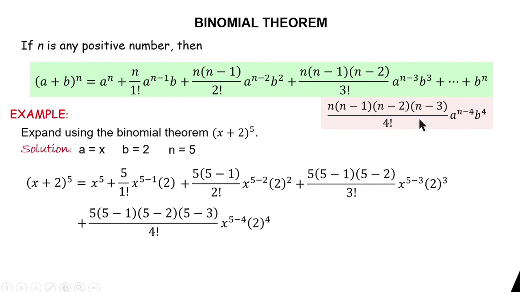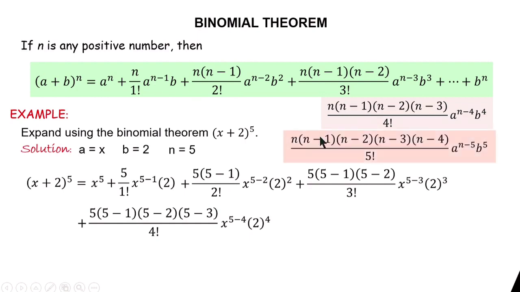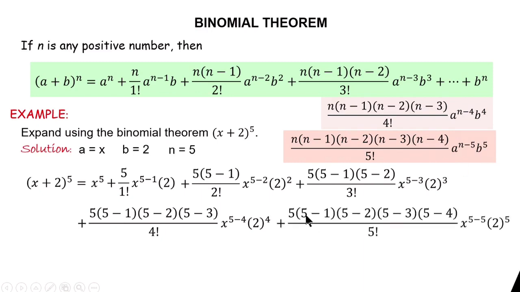So the next term after this is n times n minus 1 times n minus 2 times n minus 3 times n minus 4 over 5 factorial times a raised to n minus 5 times b raised to 5, which is equal to 5 times 5 minus 1, 5 minus 2, 5 minus 3, 5 minus 4 over 5 factorial times x raised to 5 minus 5 times 2 raised to 5.